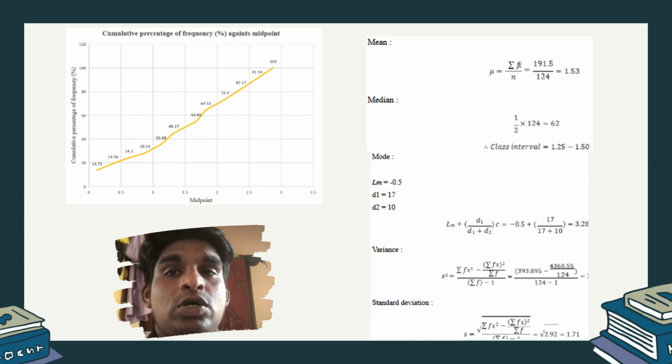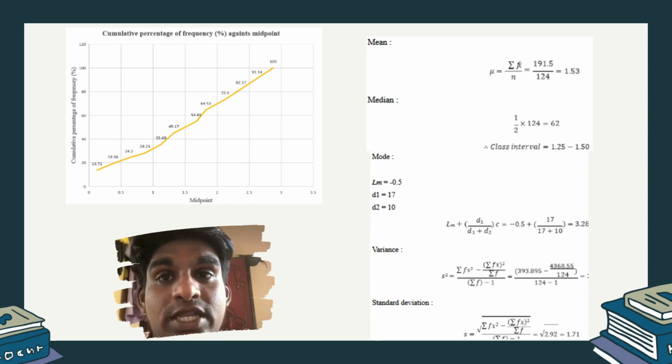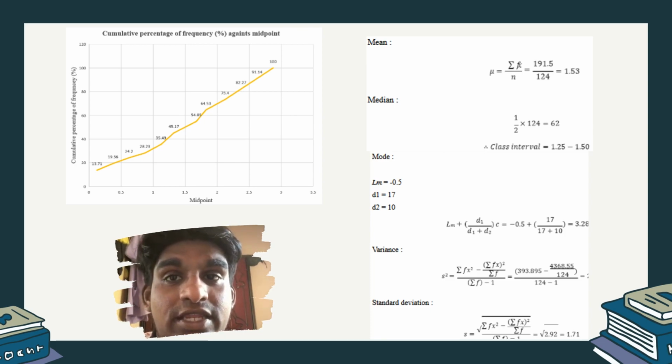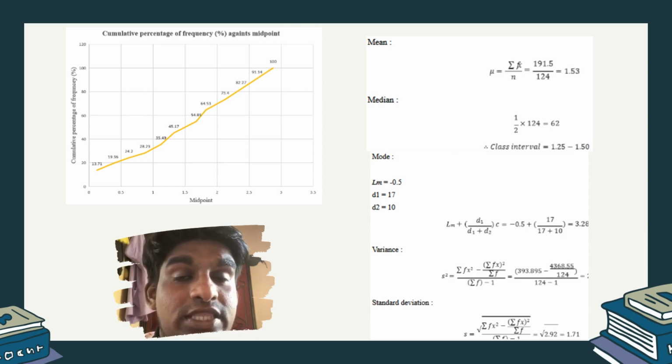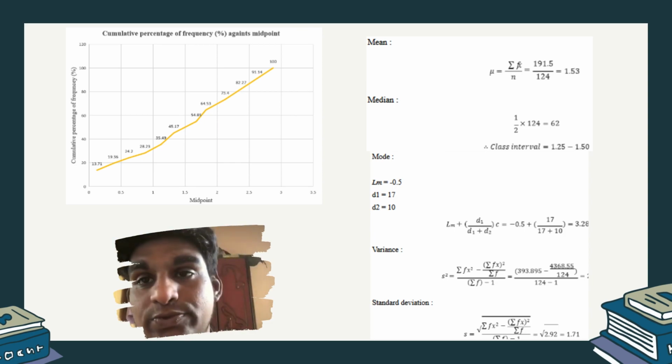So it equals 393.895 minus 4,368.55 over 124, over 124 minus 1. When we calculate it, 393.895 minus 35.230 over 123, the answer is 2.92.